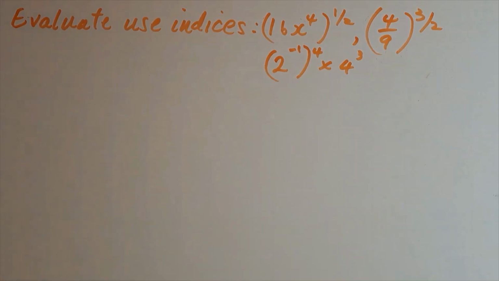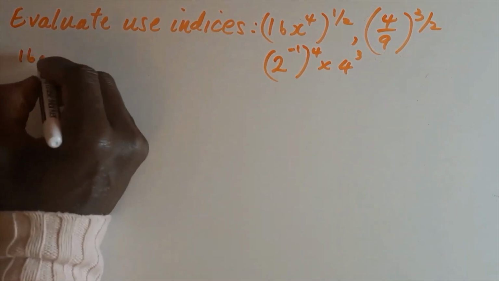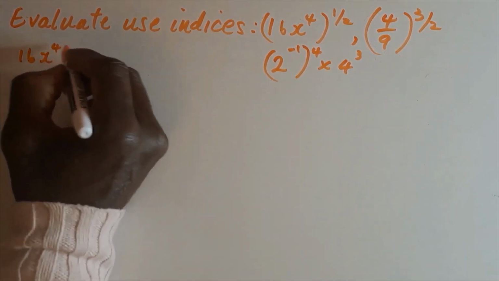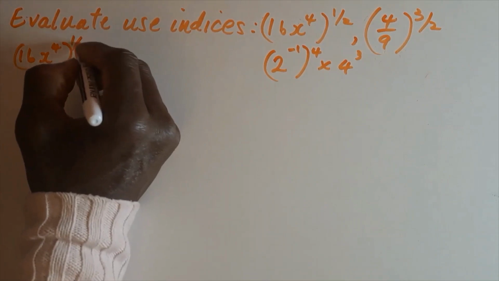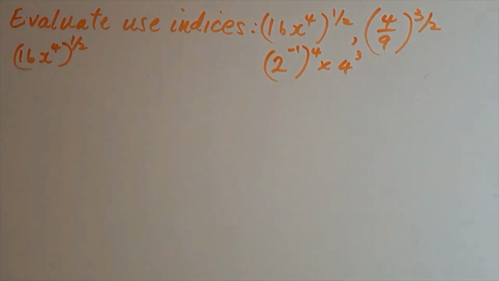Hello. Evaluate using indices. Let's do the first, 16x to the 4th, and we're taking the square root. Whenever you see the index a half, that means the square root.